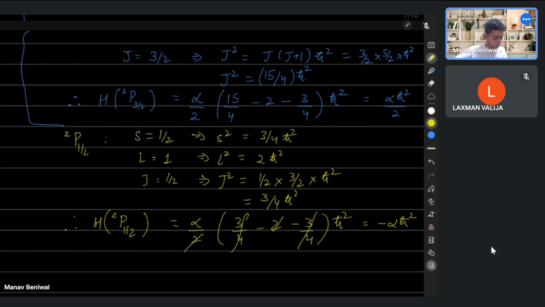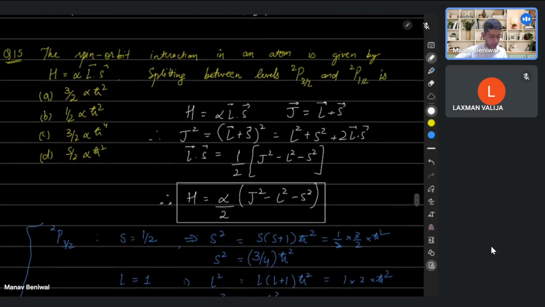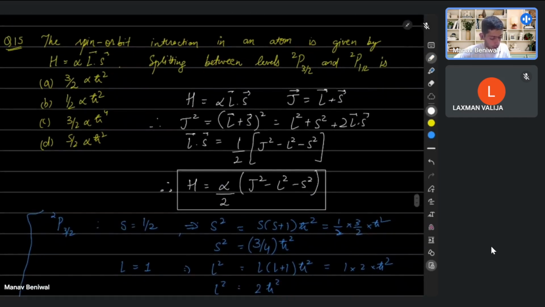Okay. And now what do we want to calculate? We want to calculate the splitting between these two levels.